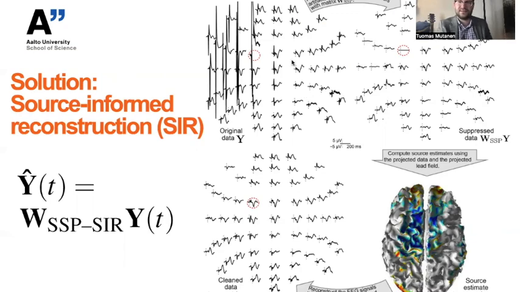And the idea is seen in this figure, which is rather simple. So we first project out the artifact topographies, and we then use this information that we have left to calculate the inverse estimates of the cortical signals, artifact-free cortical signals, which we can then use to forward map using our forward model to the original signal space.